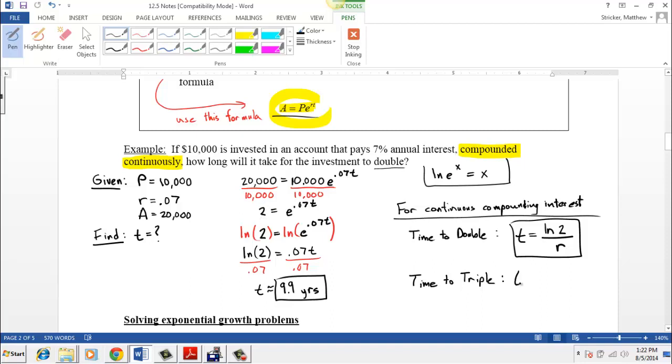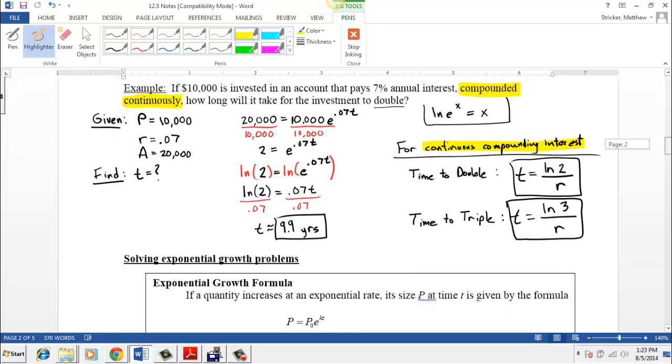So the only thing different would be here that we have the natural log of not 2, but the natural log of 3 divided by r. Nice little formulas. Now you don't have to remember those, but it's a nice little shortcut. One thing I do want you to remember is that this only works in the case that we have continuous compounding interest. You can't use these formulas for regular compounding interest.